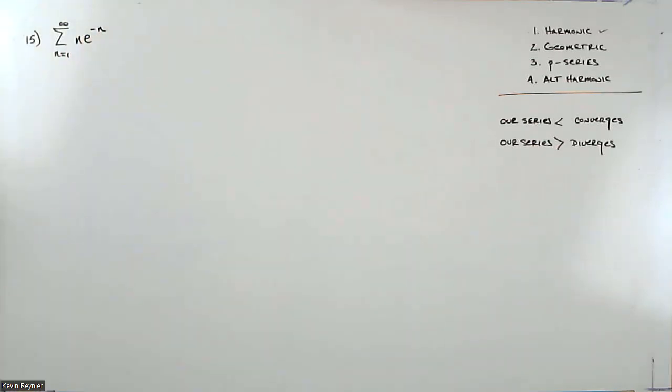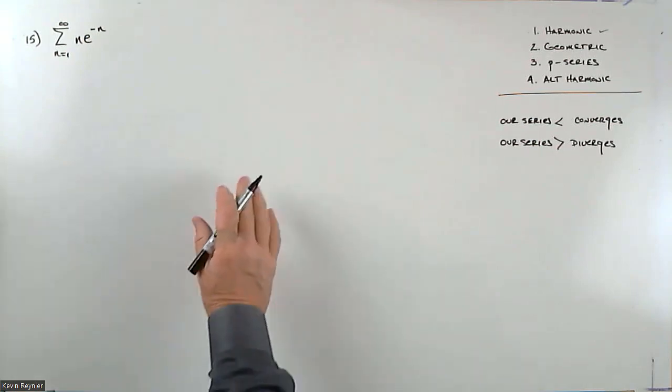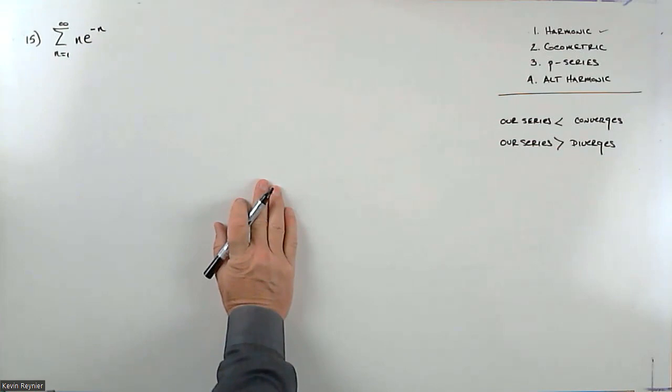Now remember, the title to this section is the integral test and the comparison test. We've seen the comparison test in action in the last 2 problems. This looks like one of those things that we integrated back in the day using parts, doesn't it? So we're going to think about doing this with the integral test.